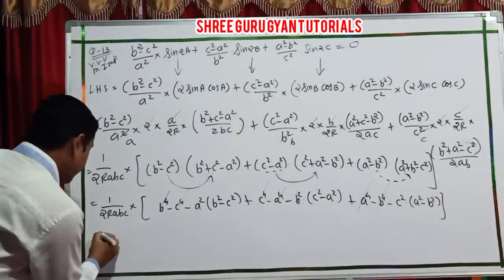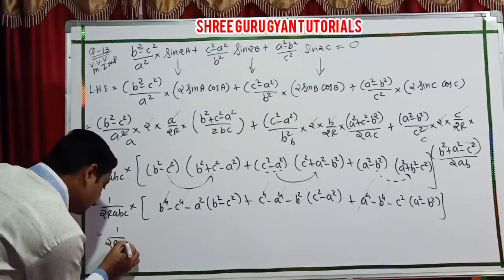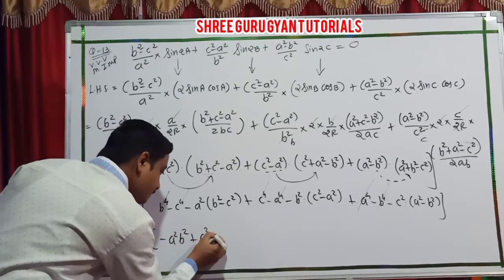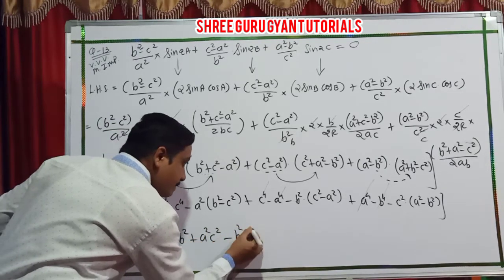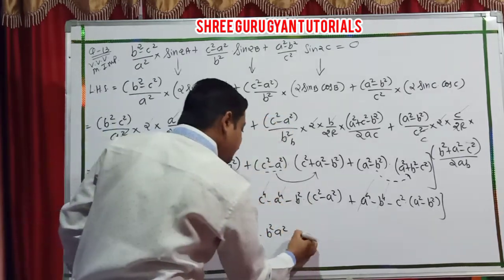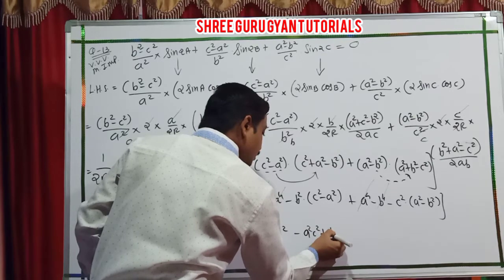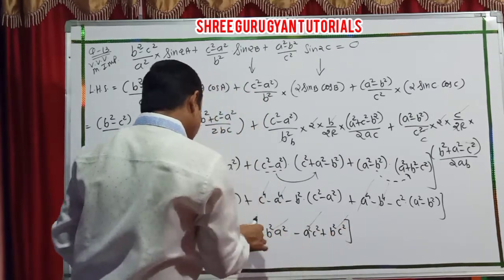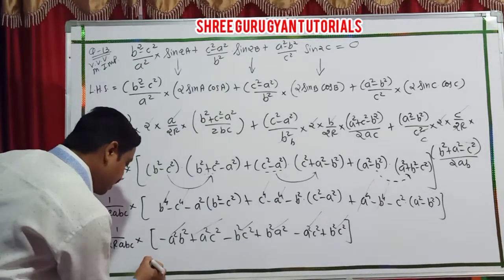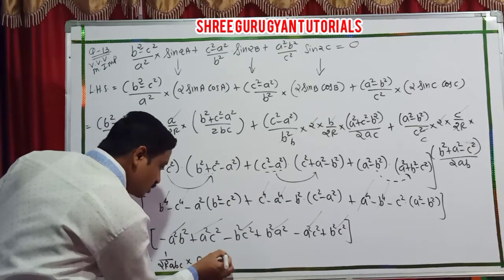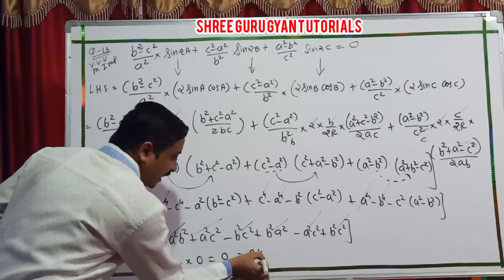Remaining I have only 1 upon 2R ABC. Here minus A square B square plus A square C square. Similarly here you further expand these 2, and last expand A square C square plus B square C square. Check, these all are cutting down, and my result is 1 upon 2R ABC into 0. So my answer is 0, that is RHS.